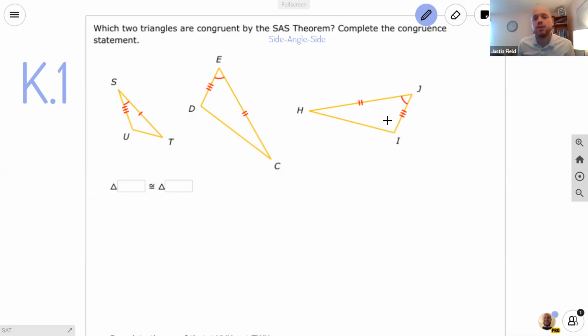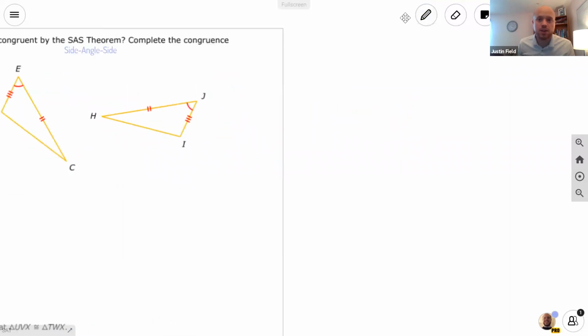There are some triangle congruence theorems. For example, one of my favorites is side, side, side.